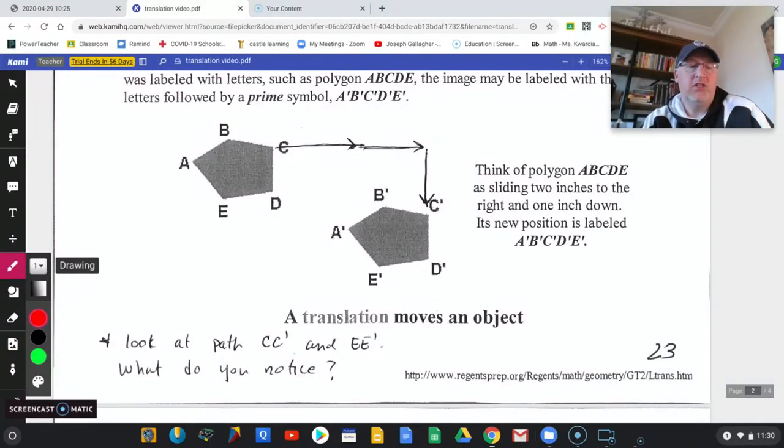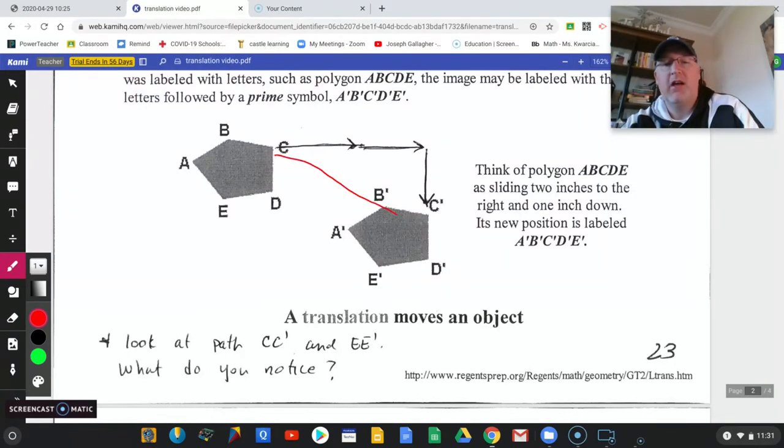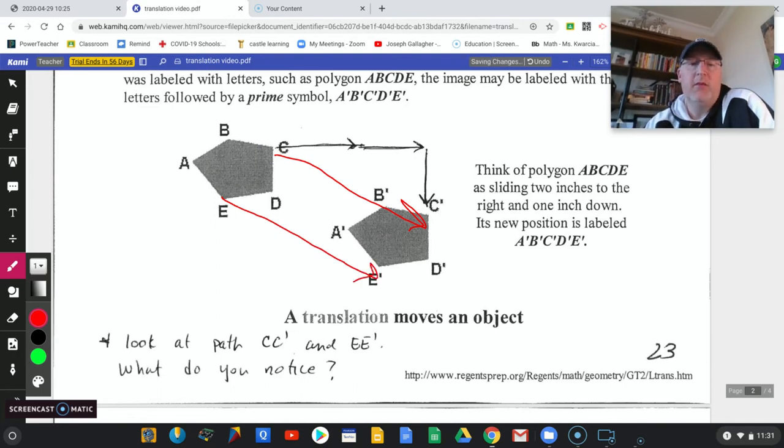Now, an interesting question: if you look at the picture, if I asked you about the path from C to C prime and E to E prime, what do you notice about those? You can simply say they both went right 2 and down 1, but if we wanted to go directly from C to C prime, that's the movement I'm really doing there. If I look from E to E prime, and draw that a little better, what could you say about those two arrows, those two rays I just drew?